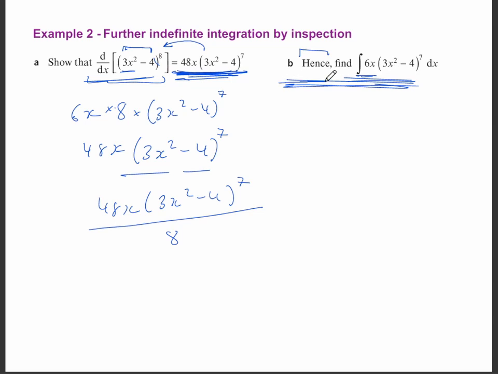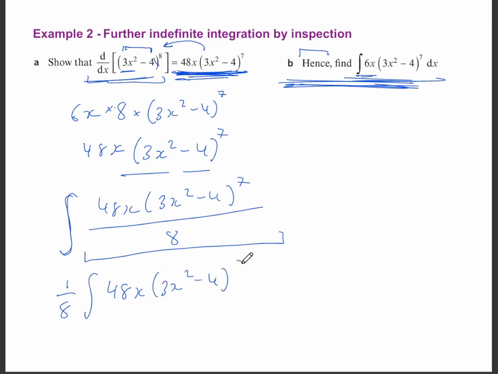That means what we're doing here is just finding the integral of this thing right here. Now remember, we can take this constant outside as per the integration law. So we get 1 over 8 integral of 48x 3x squared minus 4 power 7 with respect to x. And we know what the integral of this is right here, which is just going to be 3x squared minus 4 power 8.